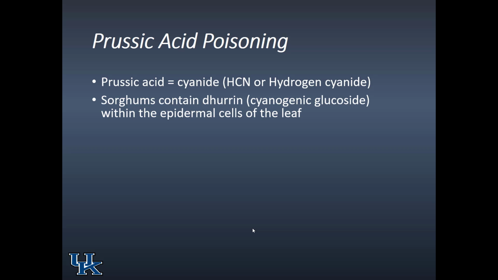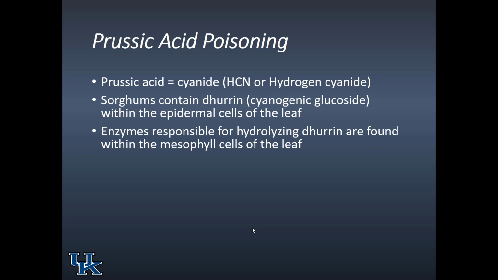Sorghums contain dhurrin, which are cyanogenic glycosides, not glucosides, within the epidermal cells of the leaf, and this significance will become clear in just a moment. Enzymes that are responsible for hydrolyzing dhurrin into two parts, the sugar part and the cyanide part, are found within the mesophyll cells of the leaf.